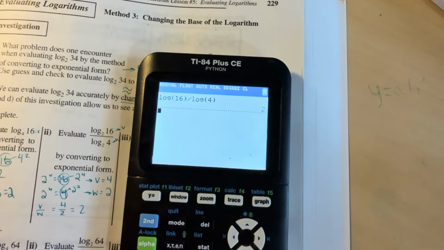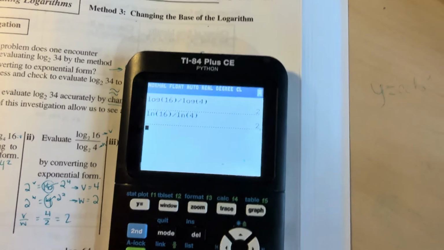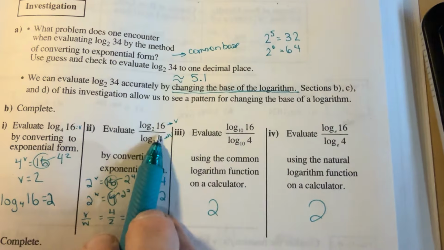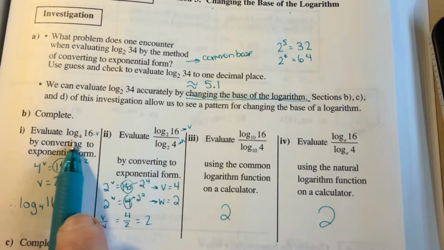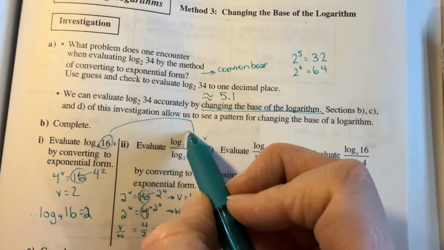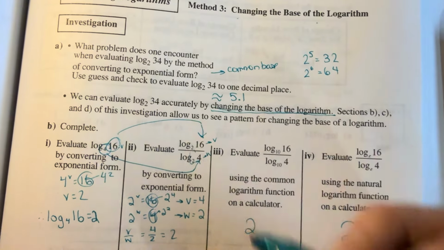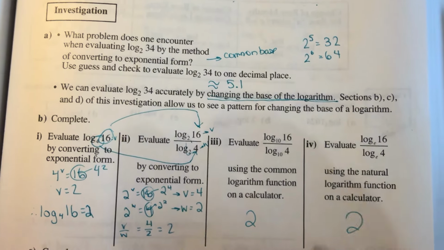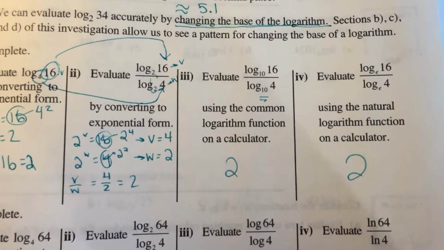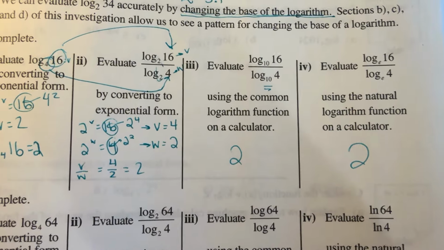It would just be ln 16 divided by ln 4, also equal to 2. So overall, it doesn't matter: if we just take the argument, put it on top, and take the base, put it on the bottom, it doesn't matter what base we use. So it makes sense just to use the common log, because then we don't have to worry about anything. We can just literally plug it into our calculator.